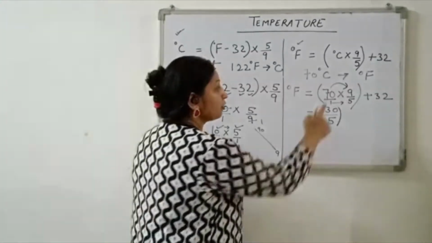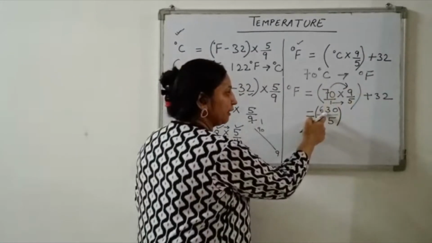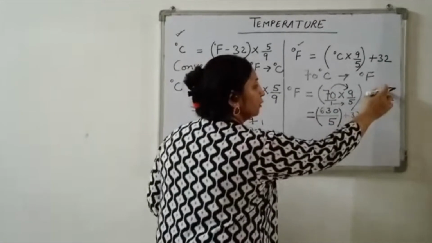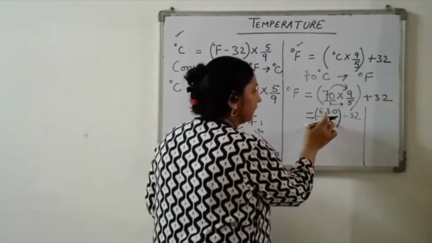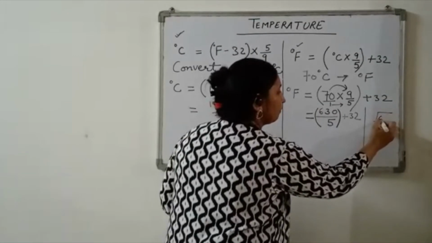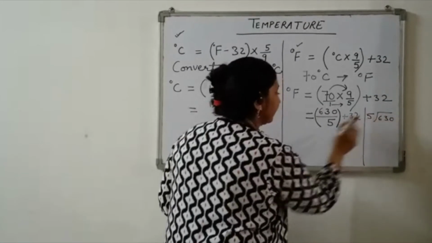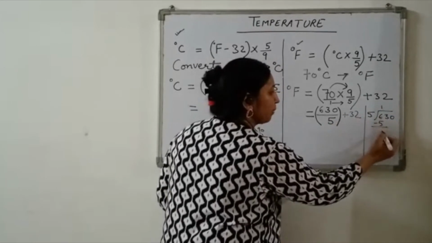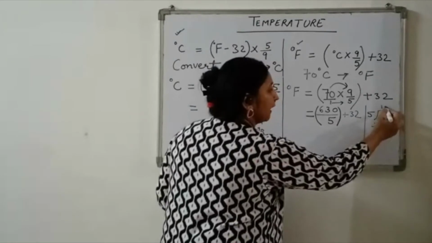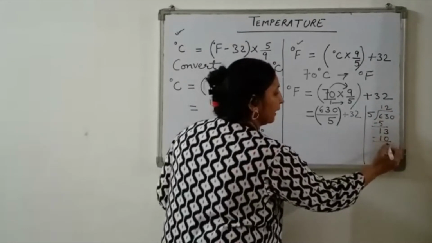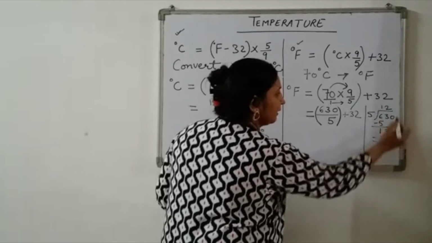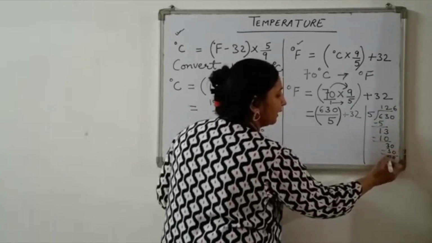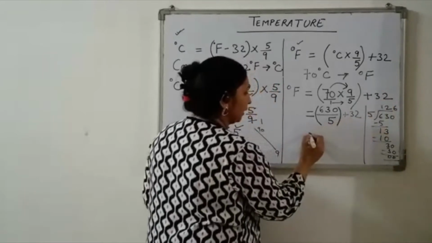So here we have got 630 divided by 5, and here we have 32. So what we can do, we can divide this 630 by 5. 5 ones are 5, that means 6 minus 5 is 1, 3, 5 twos are 10, and we are left with 3, and here it is 0. So 5 6s are 30. So what we have got here, you can see 126.